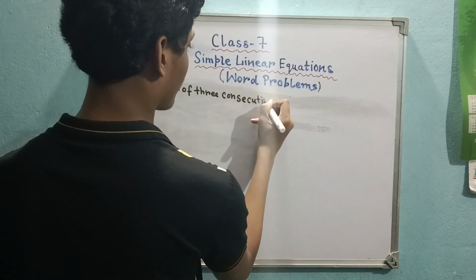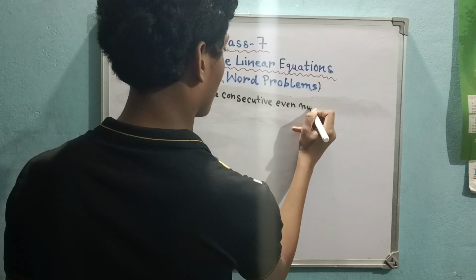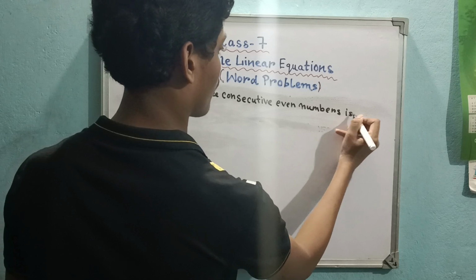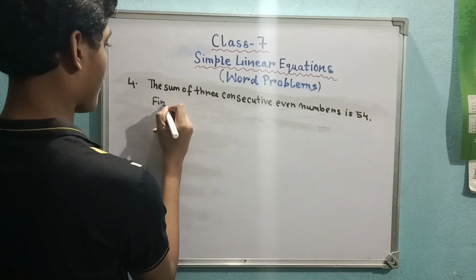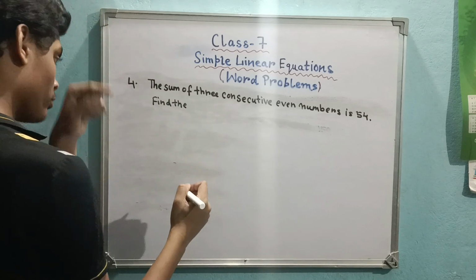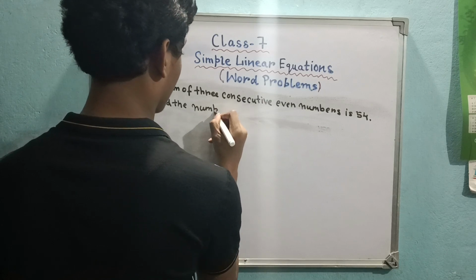Consecutive, I will explain what this is. Find the numbers. Okay, now we have numbers here. You might think, okay, now numbers, so do we have to take many x's? I will show you, not like that.